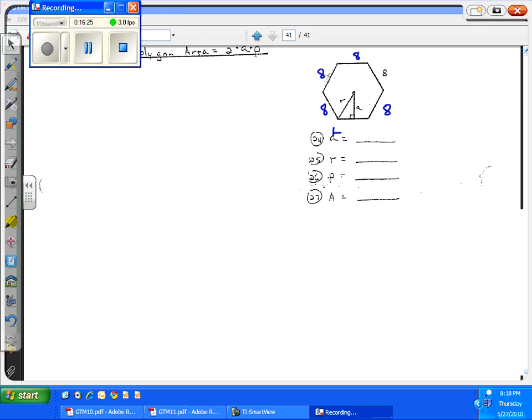We know that the apothem bisects a side, so that's 4 and 4. We know that the radius bisects an interior angle, but we don't know an interior angle yet. So we're going to use the formula for each interior angle of a regular convex polygon, which is the number of sides minus 2, times 180 degrees, divided by the number of sides.